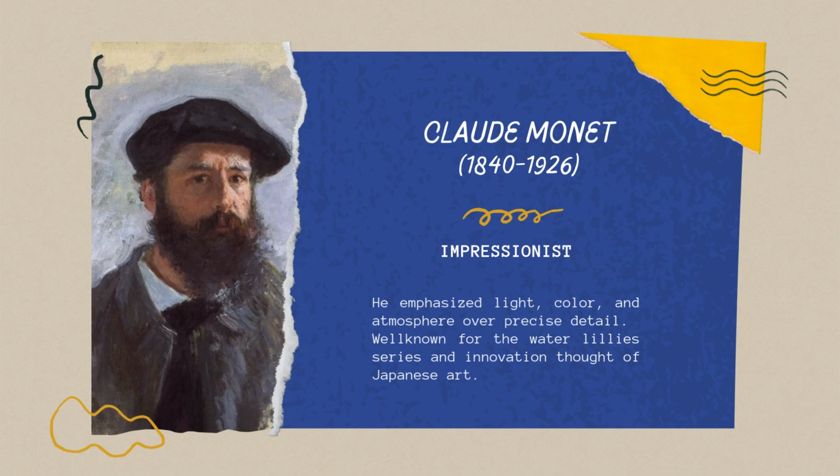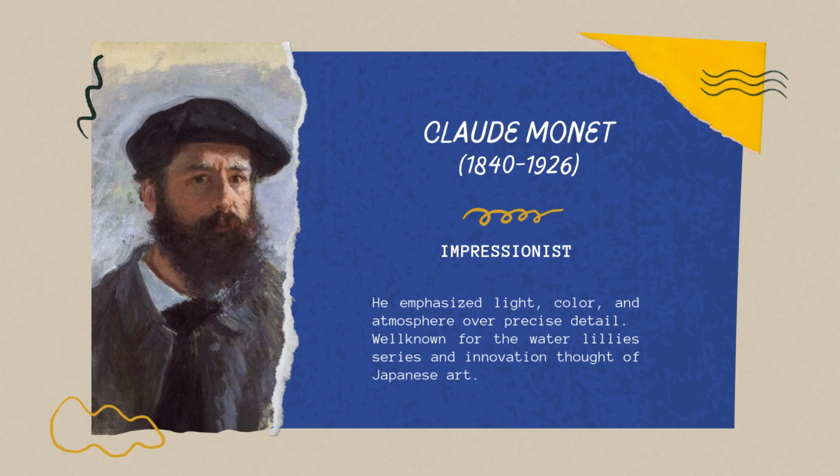And Monet's work, including his famous Impression, Sunrise, which he made in 1872, gave the Impressionist movement its name. Though initially he met with criticisms, his vibrant and expressive painting became highly influential.